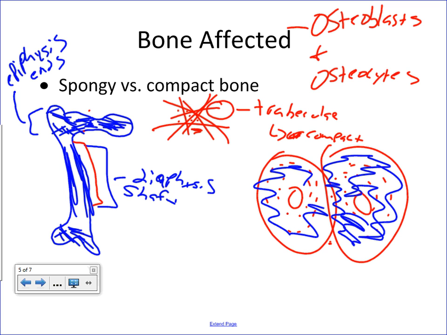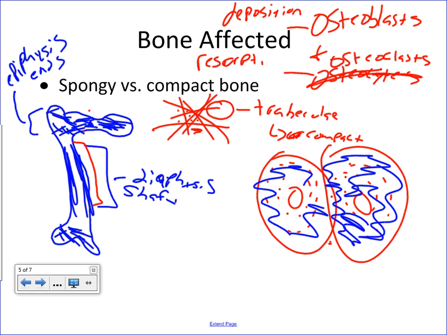Remember, osteoblasts are responsible for deposition. And osteoclasts are responsible for resorption, the breakdown of bone.